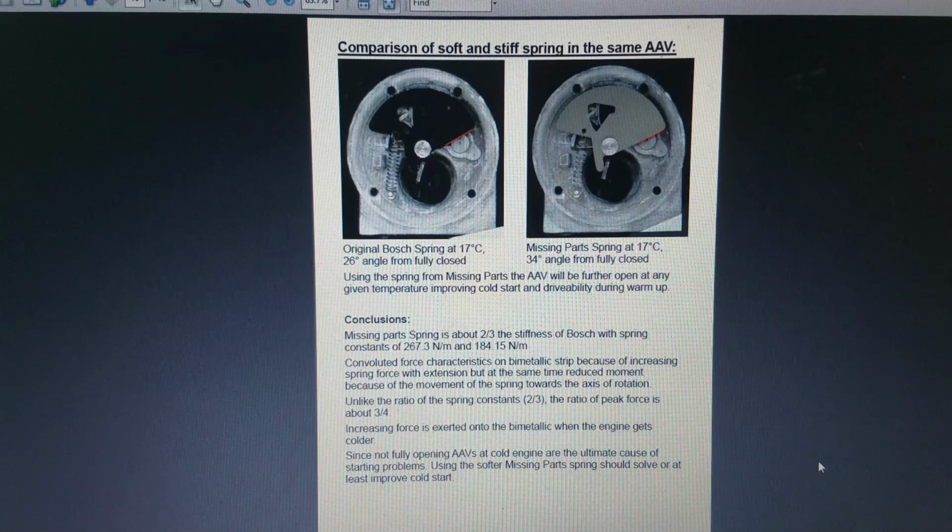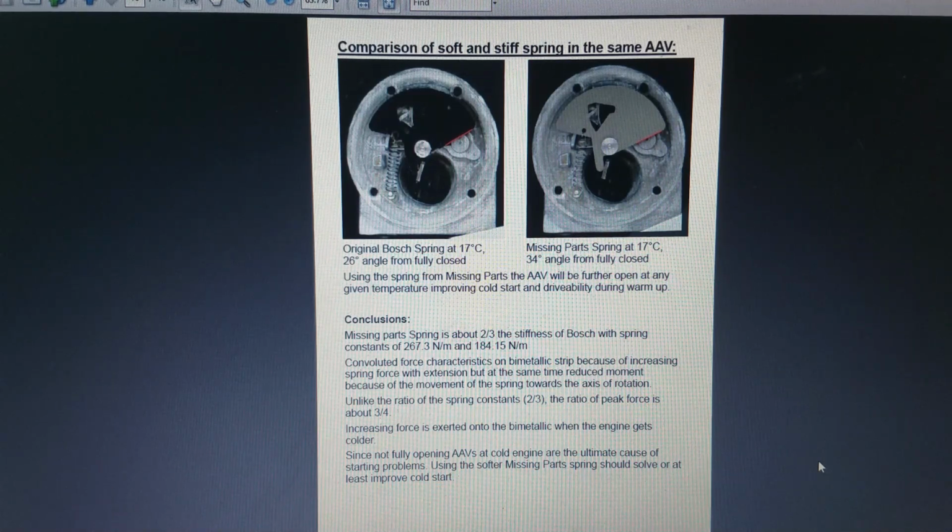So as a conclusion, I have measured that the missing parts spring is about 2/3 of the stiffness of the Bosch spring, with 184.15 Newton per meter as opposed to 267.3 Newton per meter.